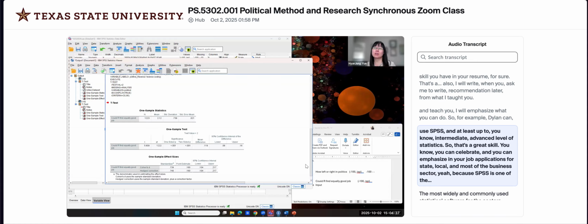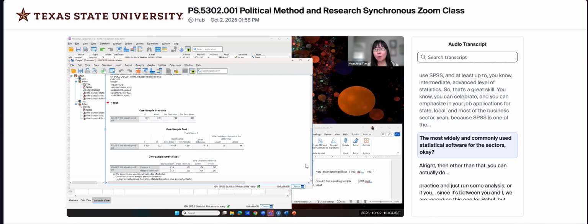That's a great skill. You can celebrate and emphasize it in your job applications for state, local, and most of the business sector, because SPSS is one of the most widely and commonly used statistical software for those sectors.